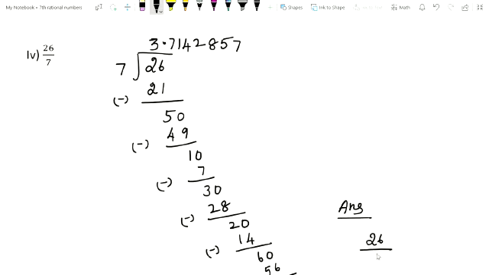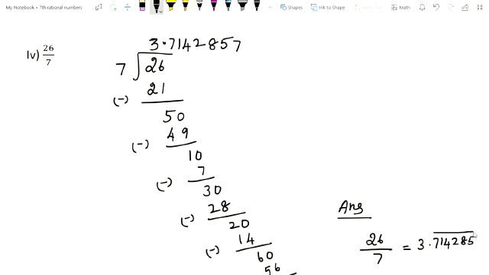26 by 7 equal to 3.714285. After that it is going to repeat, the same numbers only. See here, 7, 1, 4, 2, 8, 5. So the same is going to repeat. So how are we going to represent it?